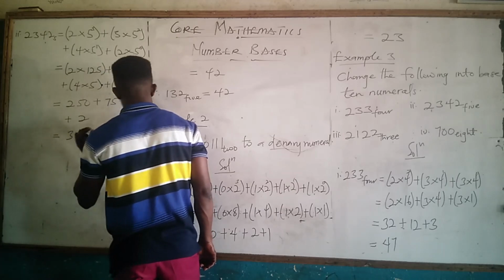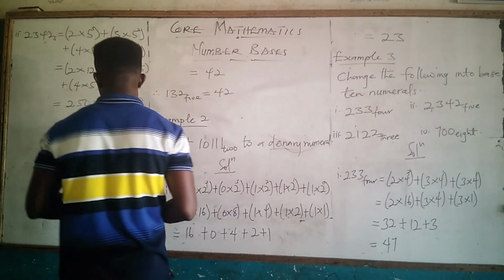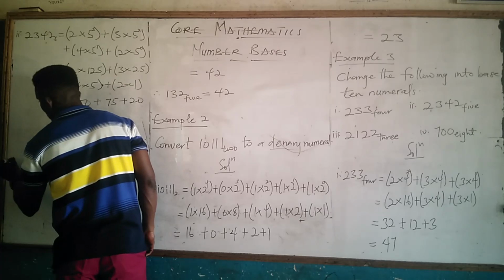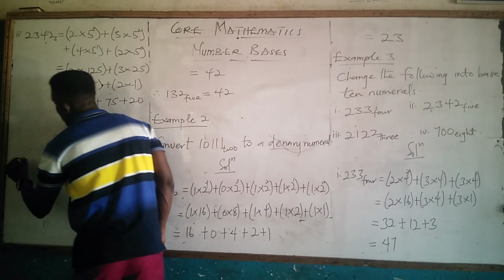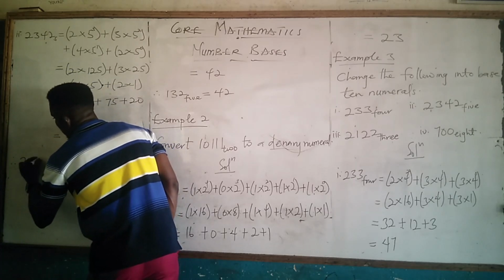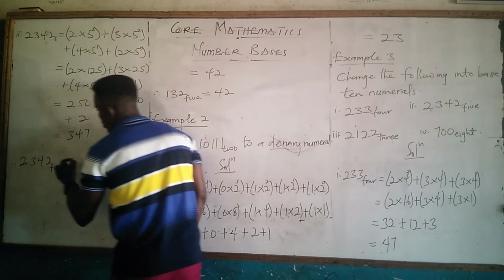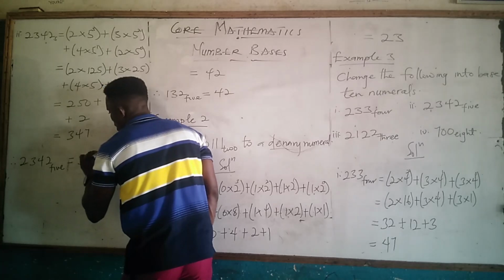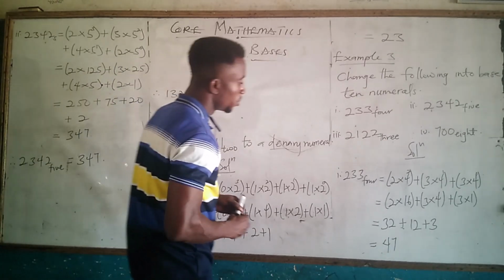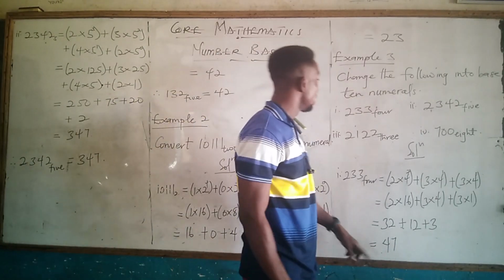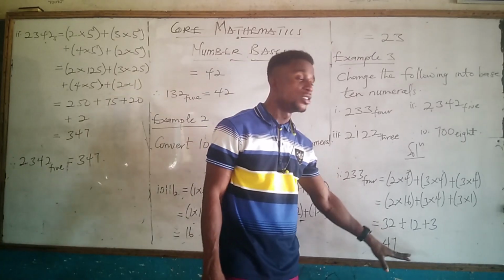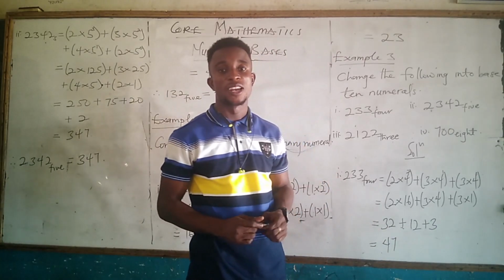So then we say therefore 2342 base 5 is equal to 347. I didn't do for this one, therefore I didn't bring that one. So I thought you were able to bring that one.